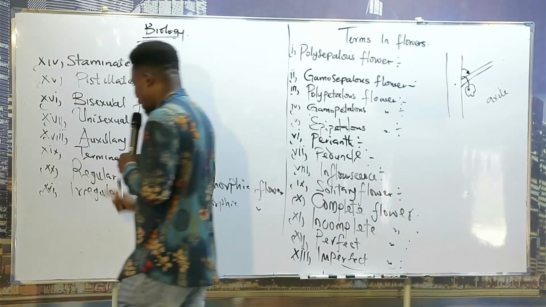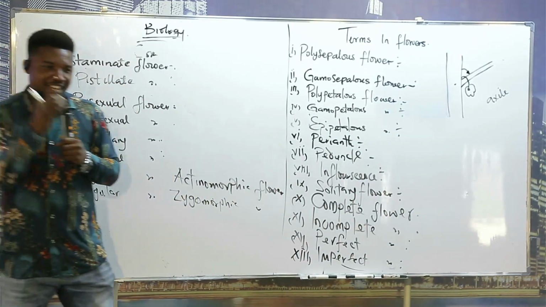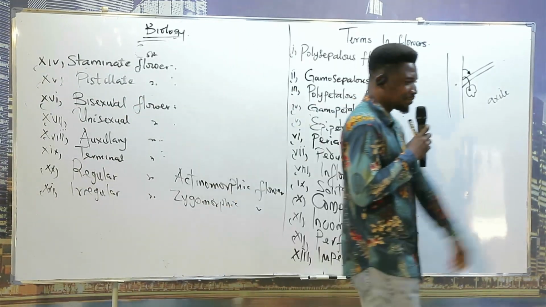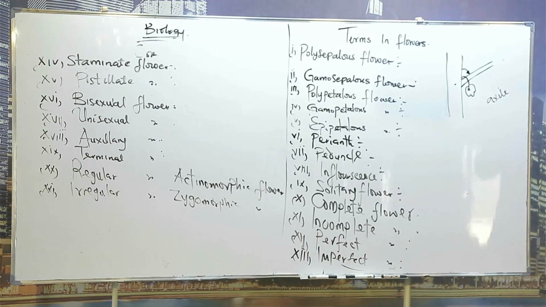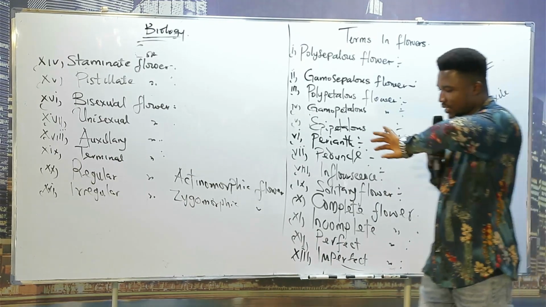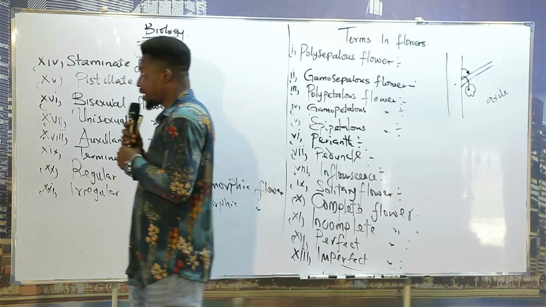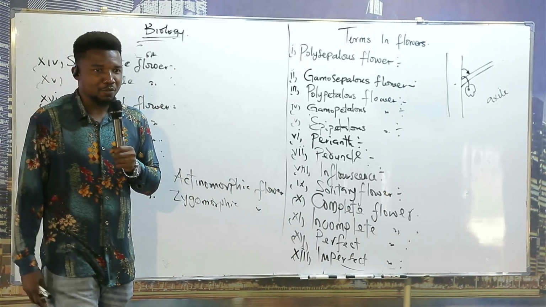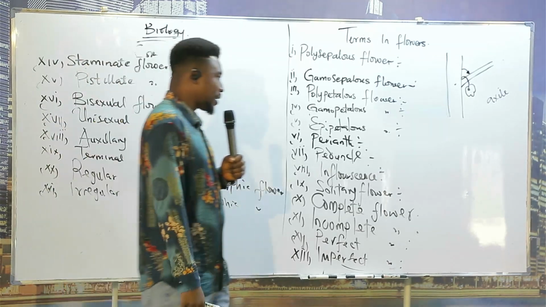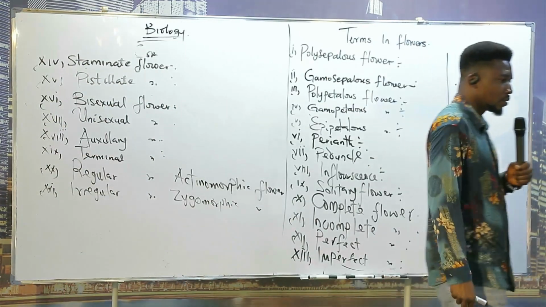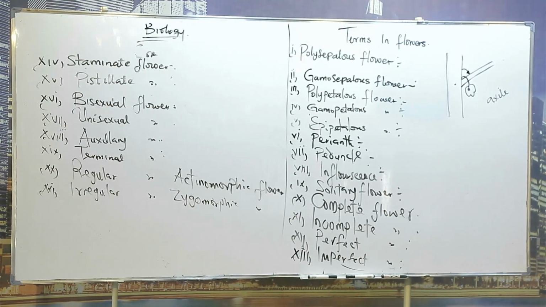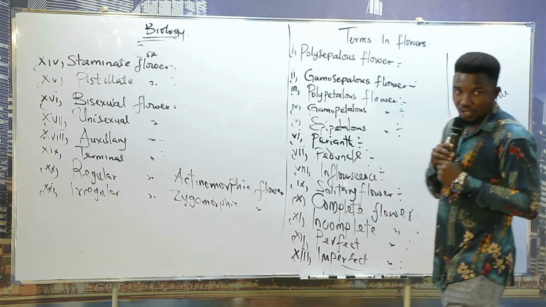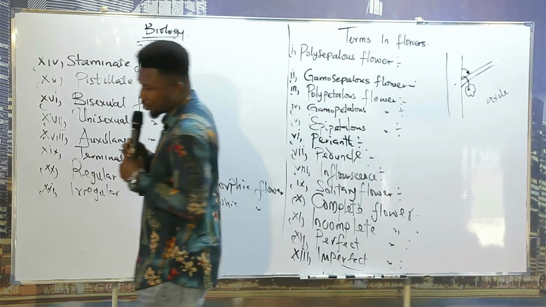Can we continue, please? Regular flower. It is a type of flower that the petals and sepals are well arranged and they are of the same shape.